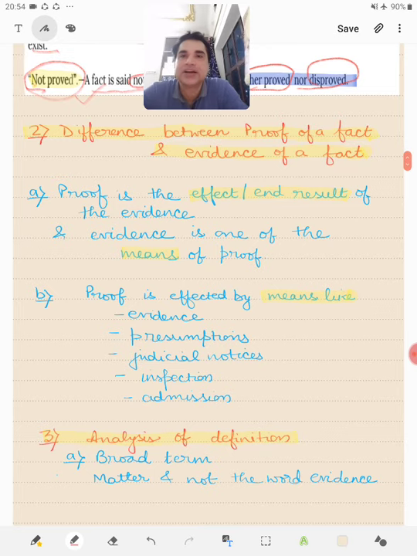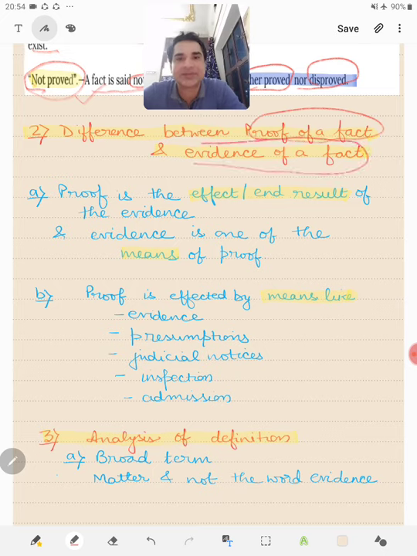Now, let us see the difference between proof of a fact and evidence of a fact. Friends, as in the overview part, we have said that these two terms in layman's language, that is proof and evidence, are taken to be synonymous. But legally, technically, the two are different. And the basic differences are these.